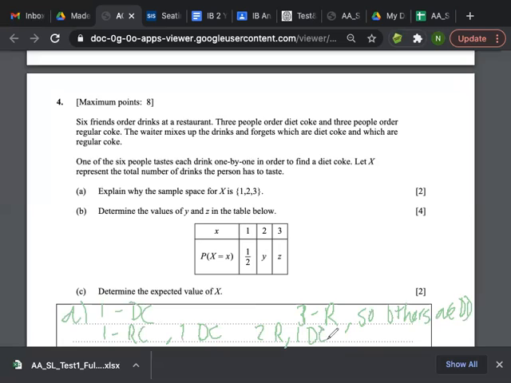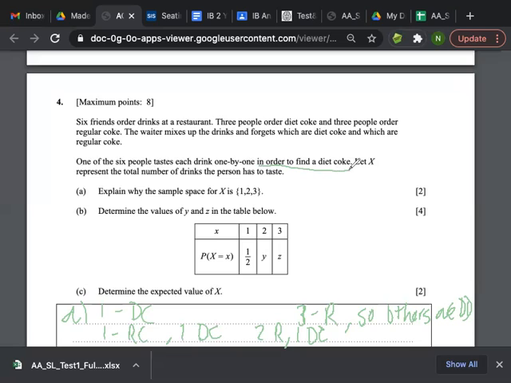Wait, no, it's until they find one. Until you get one. Oh, in that case, it would be regular, diet or diet. No, they stop once they find a Diet Coke. This is the probability in order to find a Diet Coke, not to identify all 3, just to identify one Diet Coke.